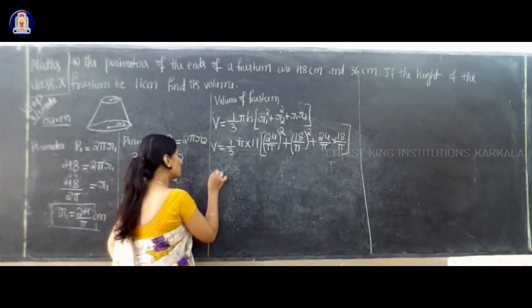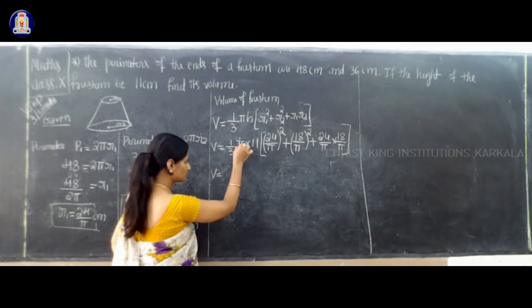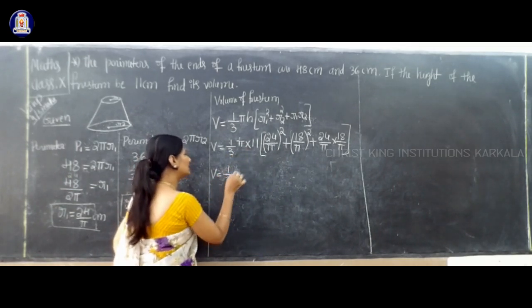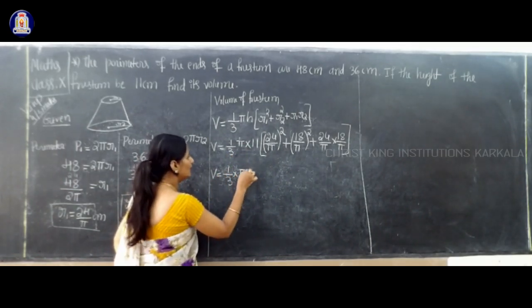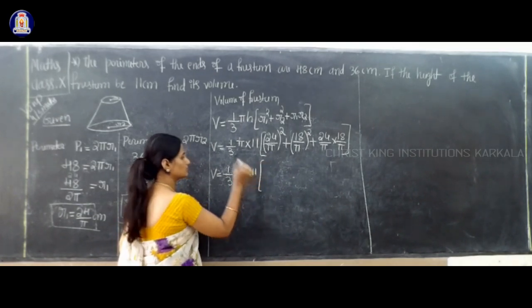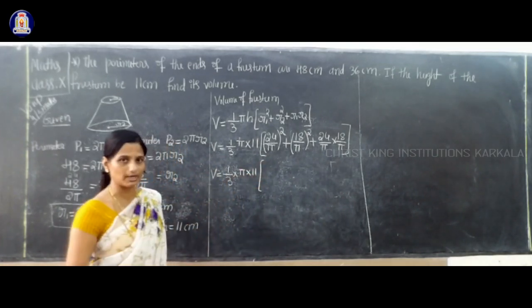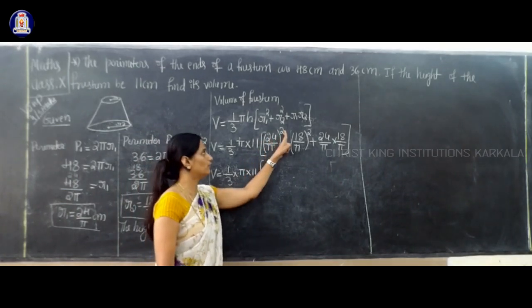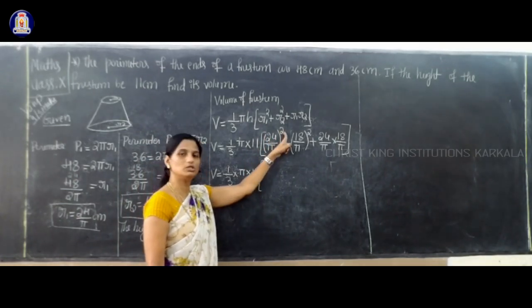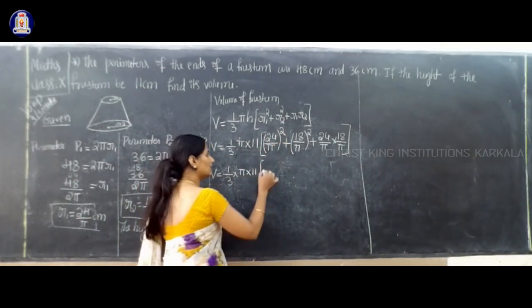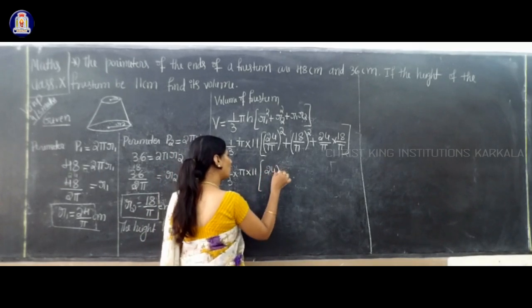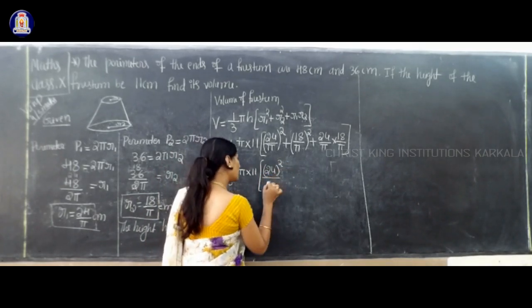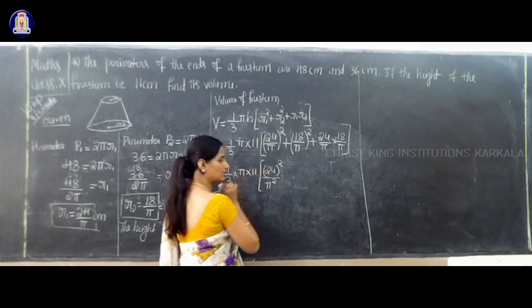Okay. So now V is equal to 1 by 3 into pi into 11. I don't substitute pi. Now 24 by pi whole square can be written as 24 square divided by pi square. Is it right?